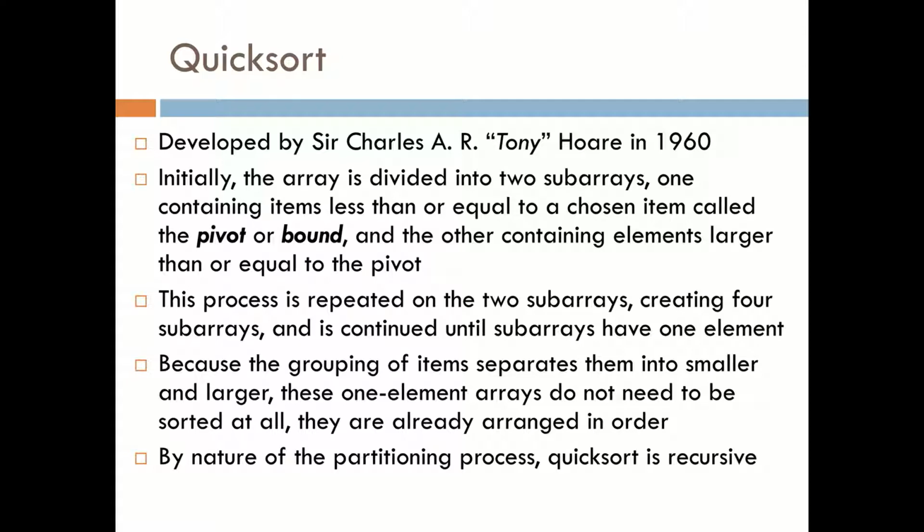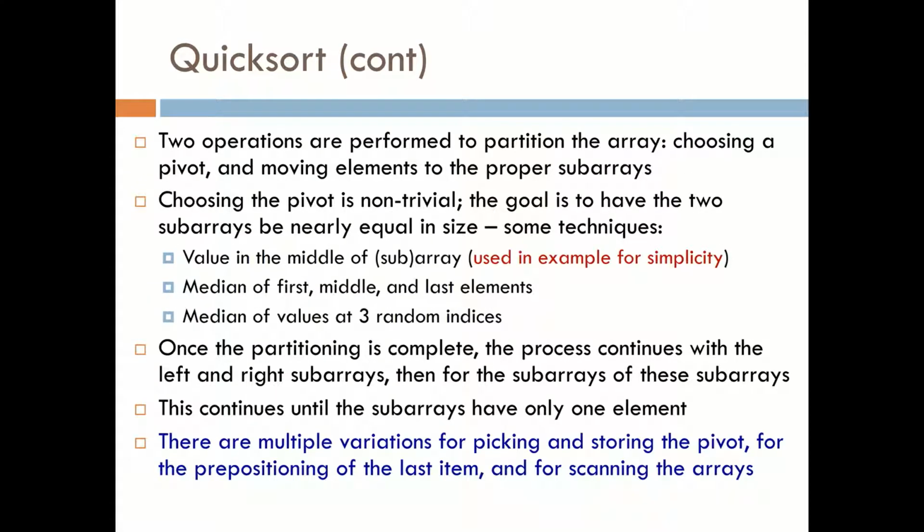So this is a recursive function, and basically this consists of two operations. Number one is to choose the pivot, and the second part is to actually partition the array around the pivot.